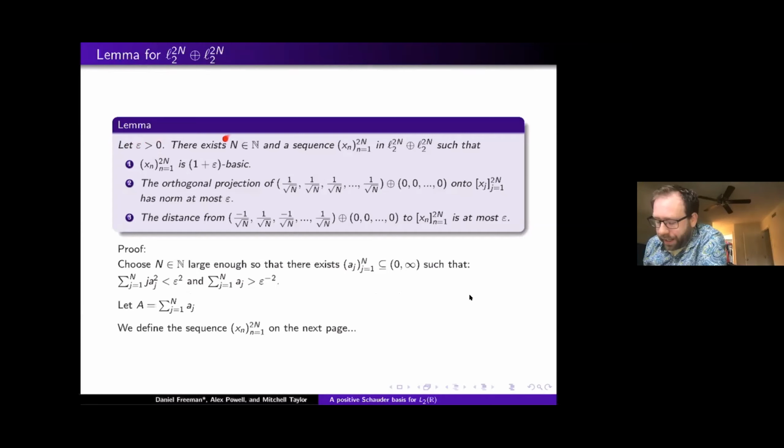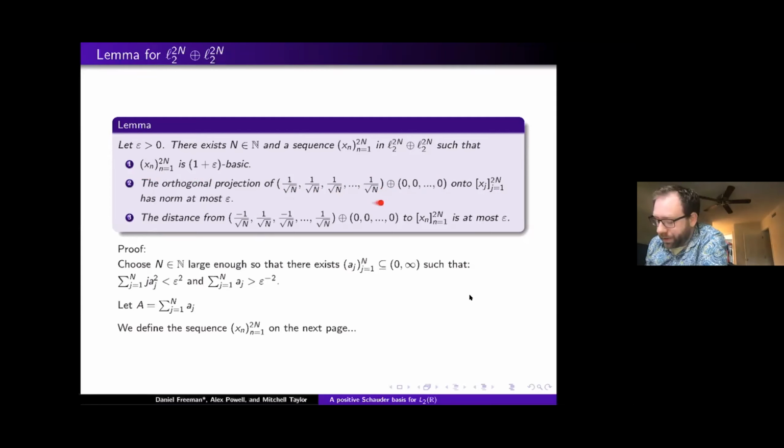Then we're going to pick a gigantic capital N depending on epsilon so that we can find a sequence in l2^(2n) direct sum l2^(2n), so that the sequence we create is 1 plus epsilon basic. And so that if we take the orthogonal projection of this constant 1 over root n in the first coordinate, the orthogonal projection of this vector onto the x_j's has extremely small norm.